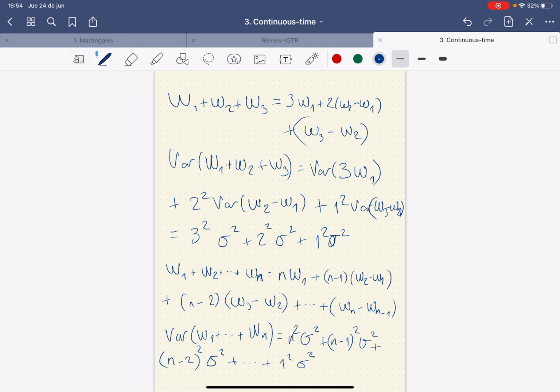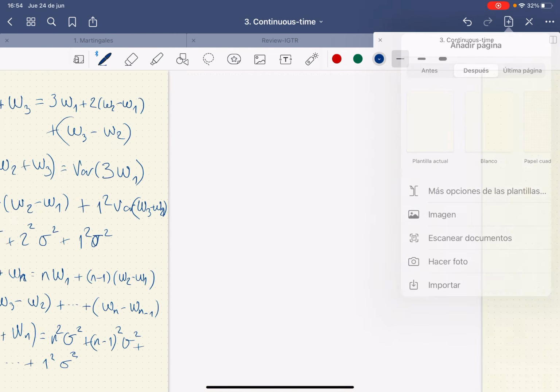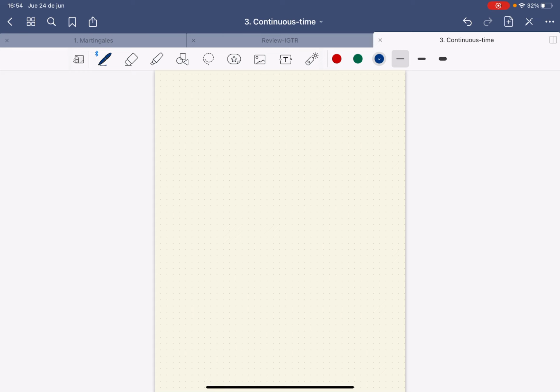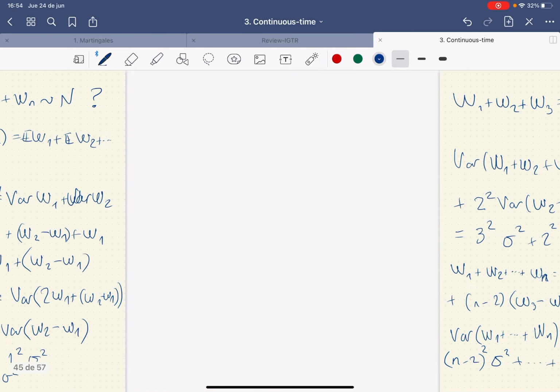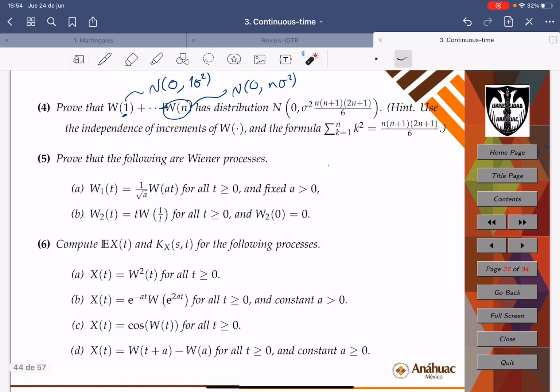And now we can just factor this expression here, so that we are left with just n squared plus n minus 1 squared plus all the way up to 1 squared times sigma squared. And by just using the formula that was pointed out to us by the hint, we can just complete the exercise and say that this sum has a normal distribution with mean 0 and variance given by this.